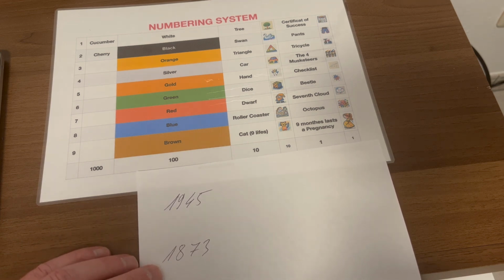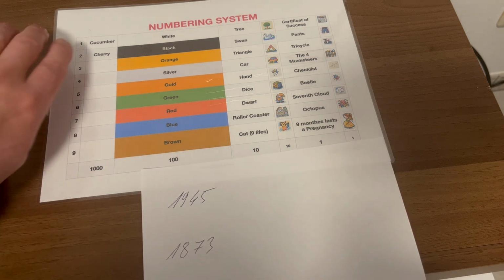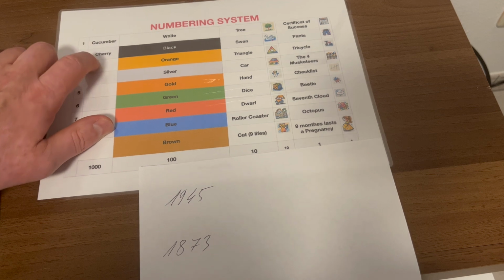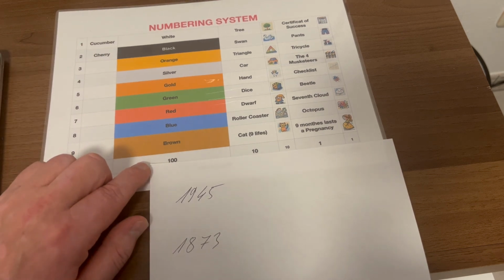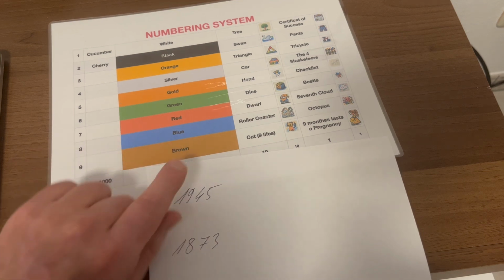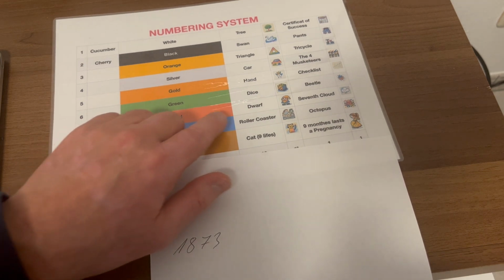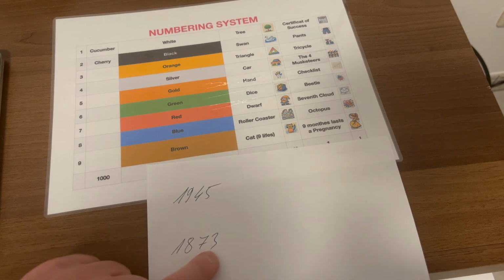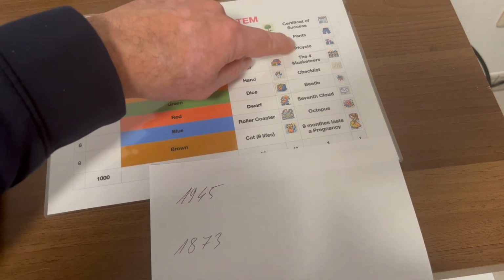Then you have 1873. Okay, the ones you can also imagine a cucumber, but you don't need it because normally you know that. The 8 is blue, and 7 is a dwarf, and 3 is tricycle.